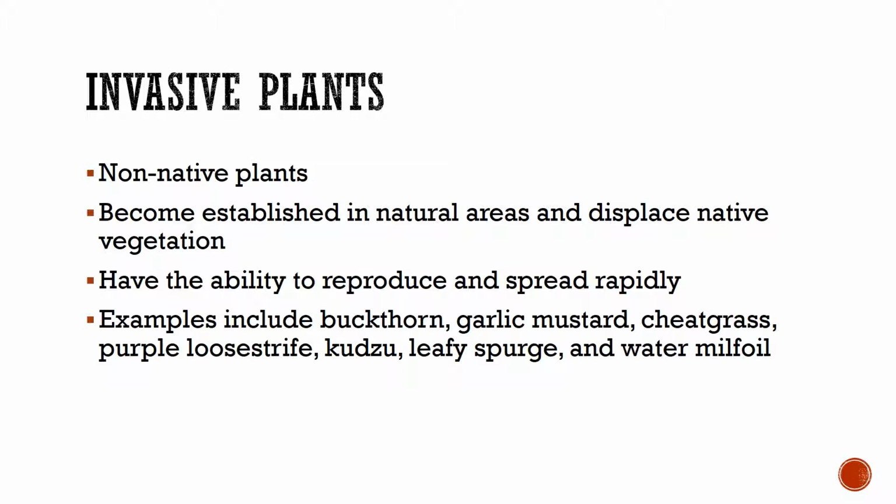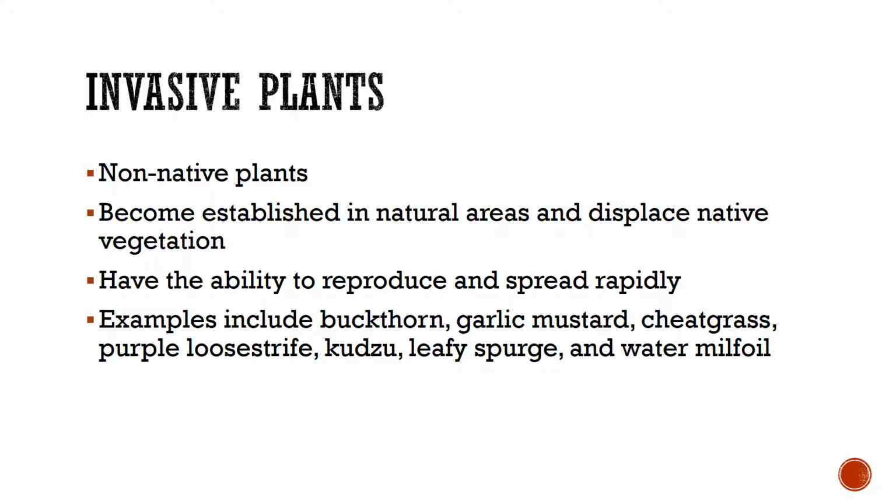Now let's look at invasive plants. These are plants that have been established in a natural part of an area and will start to replace a native grass or a native vegetation. We see this more commonly in pasture.